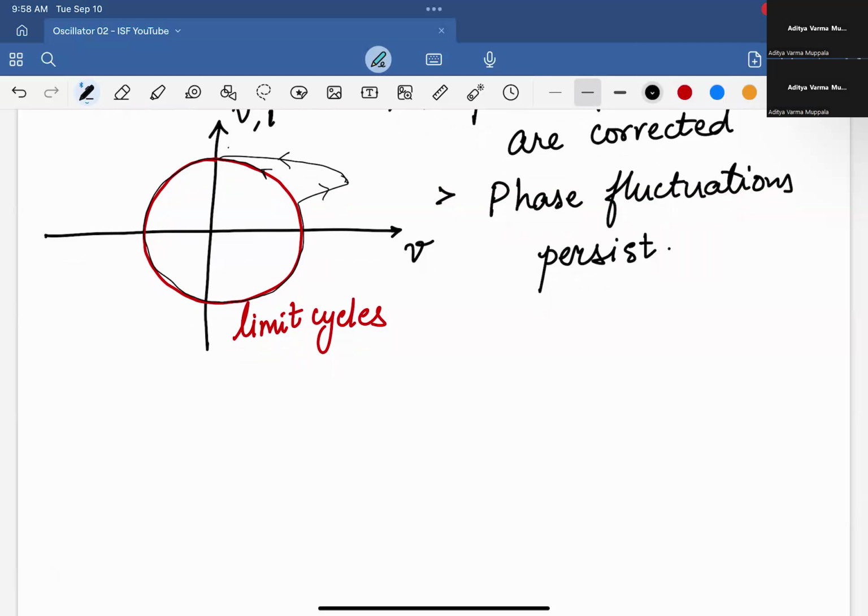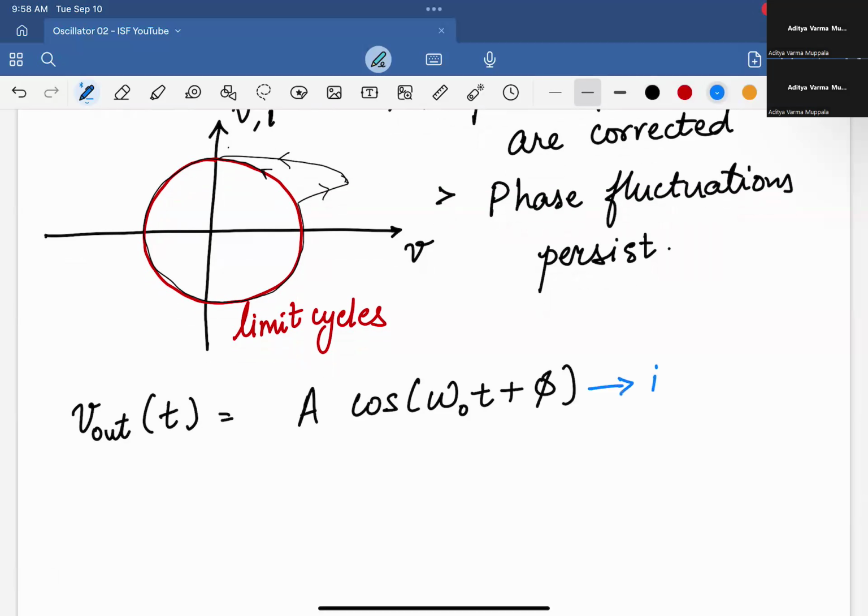Typically, if I have an ideal oscillator, then the voltage should take the form of some amplitude, cosine, omega naught t, plus some fixed phase, right? So this is an ideal scenario. But in reality, of course, you don't have this. What you have is V out of t, where the amplitude is a function of time.